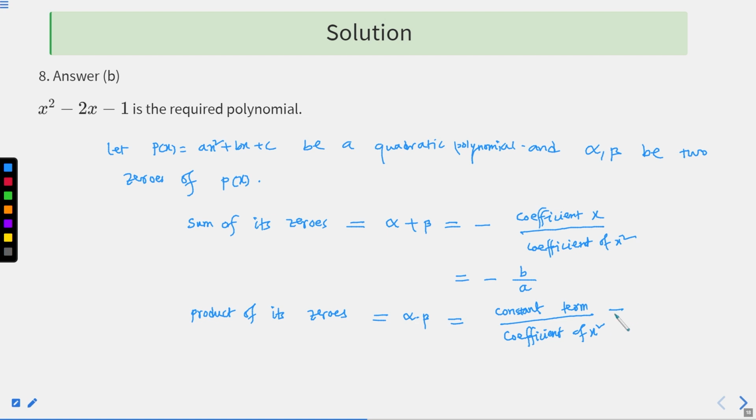Here the constant term is c and the coefficient of x square is a, so alpha times beta is equal to c upon a.